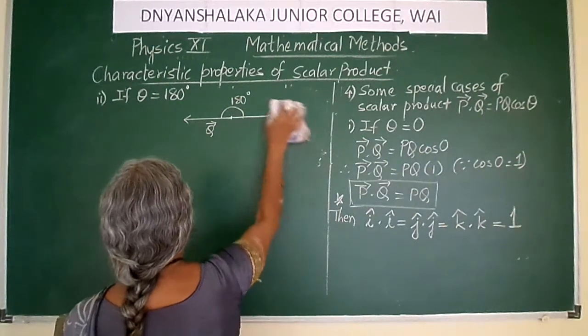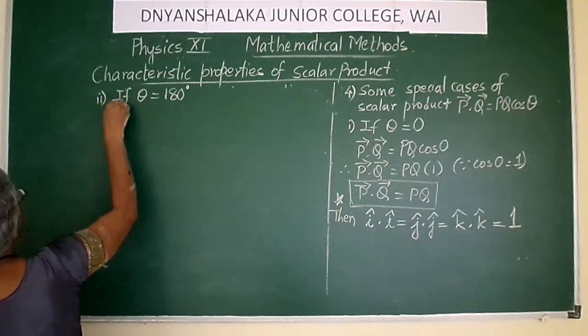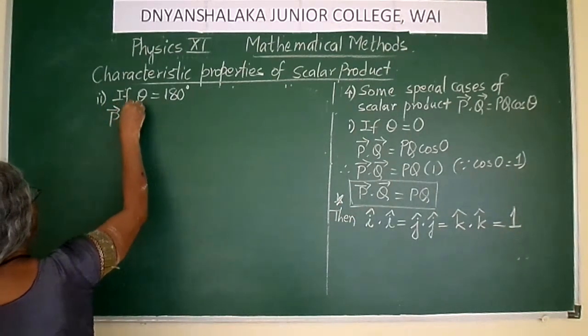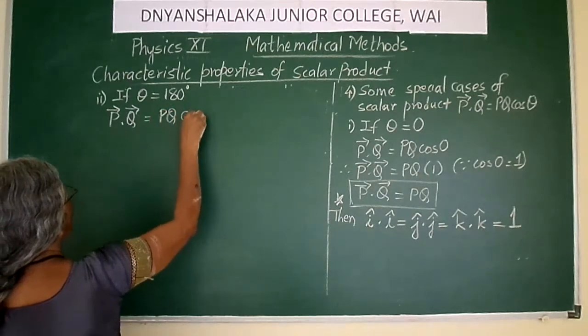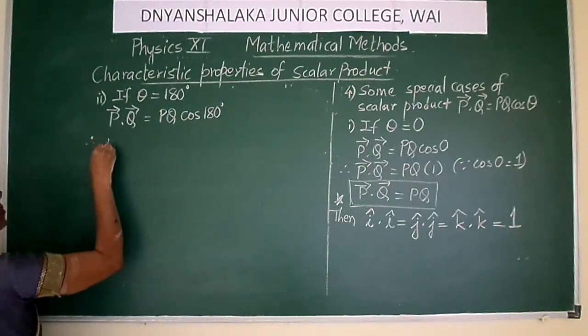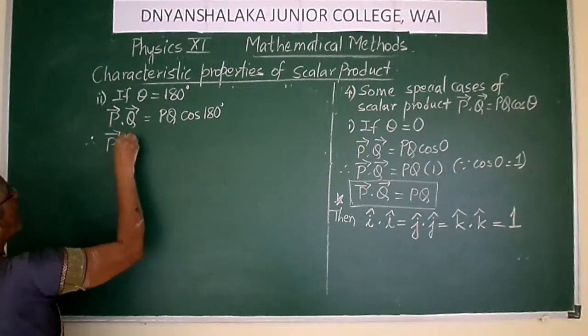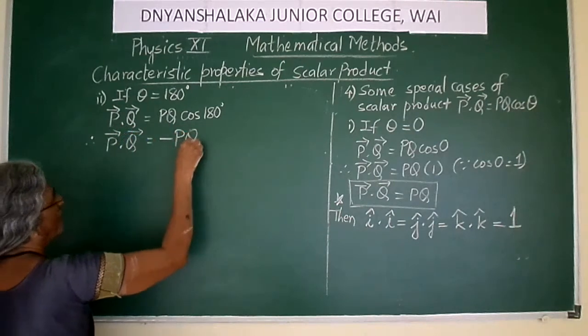So let us see what is the value of the scalar product then. Then vector P dot vector Q will be equal to PQ cos of 180 degrees. Okay. Therefore, vector P dot vector Q is equal to minus PQ.